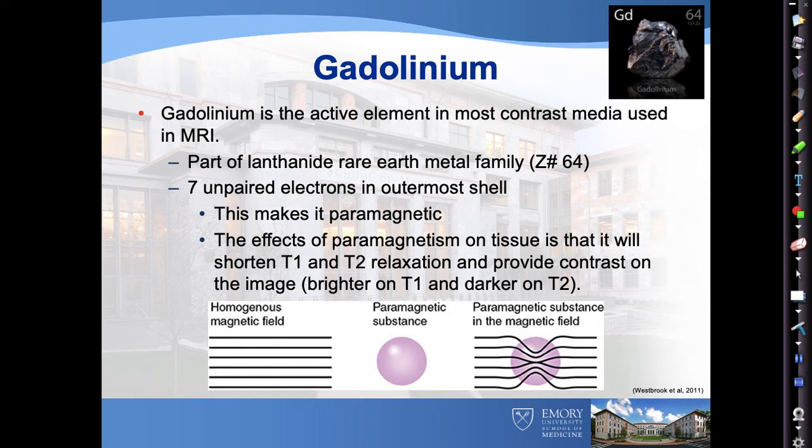The effect of paramagnetism on tissue is that it will shorten T1 and T2 relaxation and provide contrast on the image. So it will be brighter on a T1 weighted image, and it will appear darker on a T2 post-contrast image. That's why, when we're discussing relaxation, we typically describe it in T1 relaxation, because it's going to appear bright on our T1 post-contrast images.